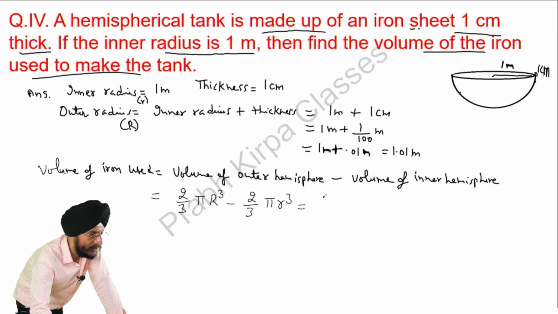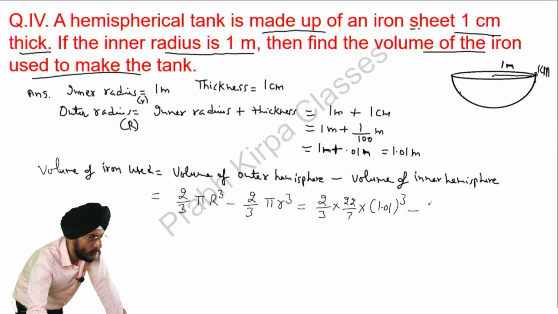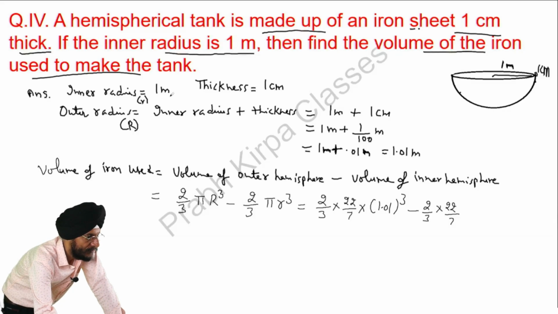So now we will put in the values. 2 over 3, pi stands for 22 over 7. What is R cube? R in capital letter is 1.01, so 1.01 cube, minus the volume of inner hemisphere. We will put in the relevant values. 2 over 3 pi, 22 over 7. What is the value of r? It is 1.